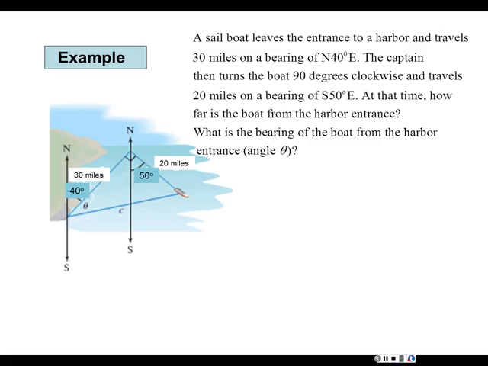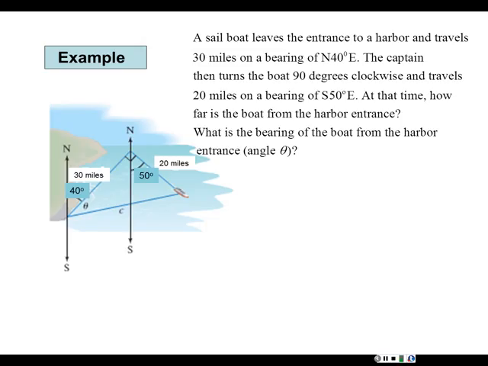How much do you get for theta? What is the degree? Remember, the calculator may give you the angle in radians.